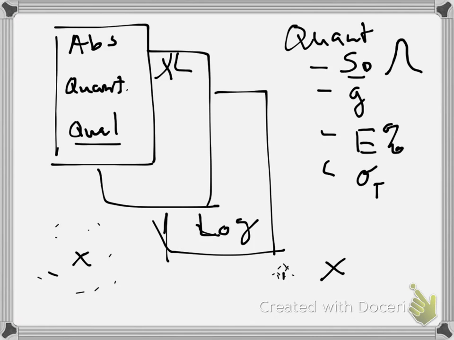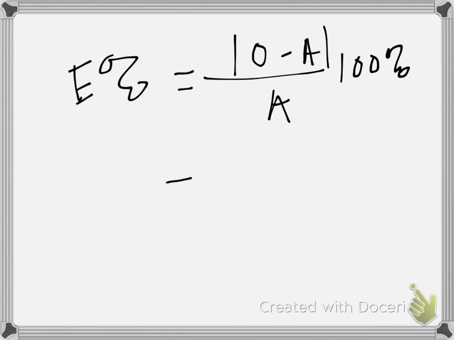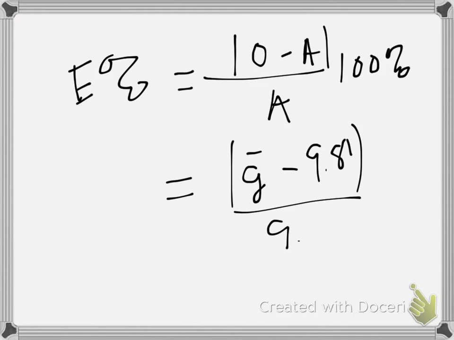I'll write that down just to be clear. Percent error. Obviously, usually you want to use absolute value, so you can use O minus A over A times 100%. Basically, that's your G bar minus 9.81 over 9.81 times 100%.